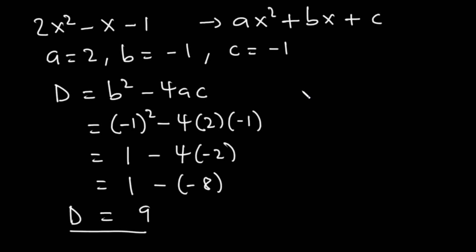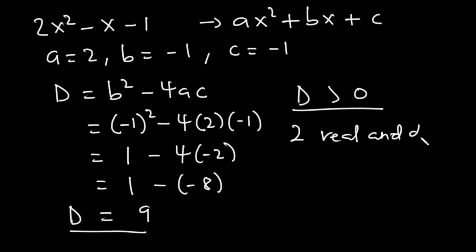Now since the discriminant, which is equal to 9, is greater than 0, it means that the equation has two real and different roots, or it has two distinct roots. So let's confirm using the general quadratic formula.